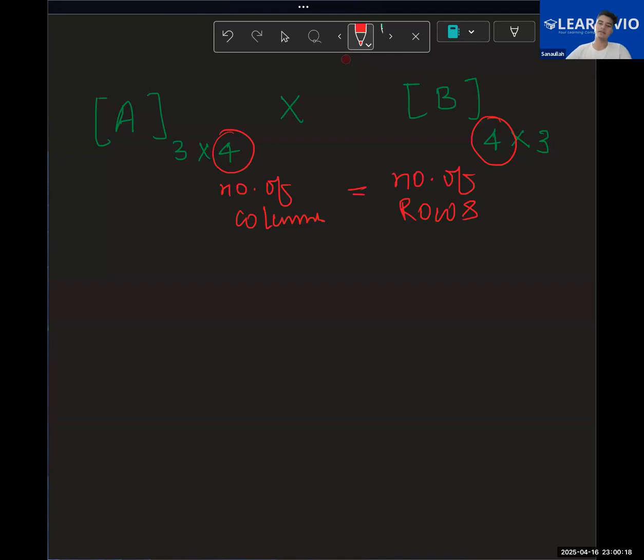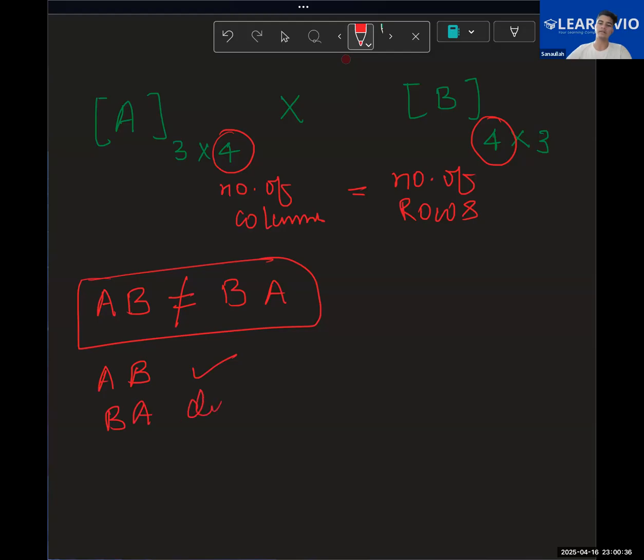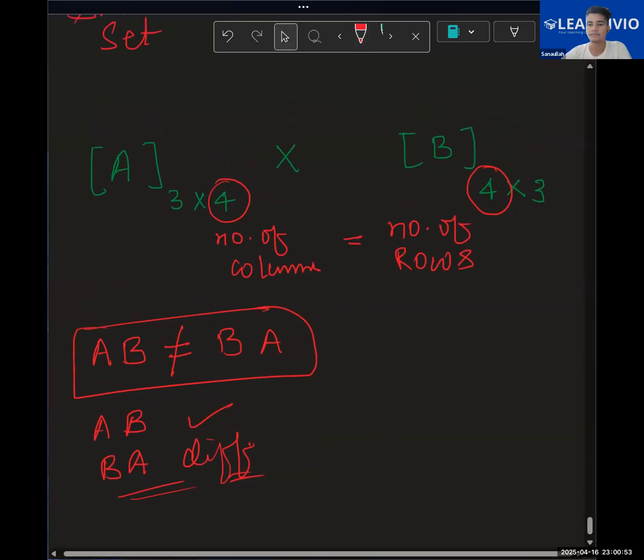See, in matrices AB is not equal to BA. This is very important. ओके, मैट्रिसेस में क्या होता है ना, आप A और B को मल्टीप्लाई कर रहे हो वो अलग आएगा और BA, that is different. AB is not equal to BA. You will realize this when you multiply something. ये मैं आपको शो करके भी बताऊंगा.